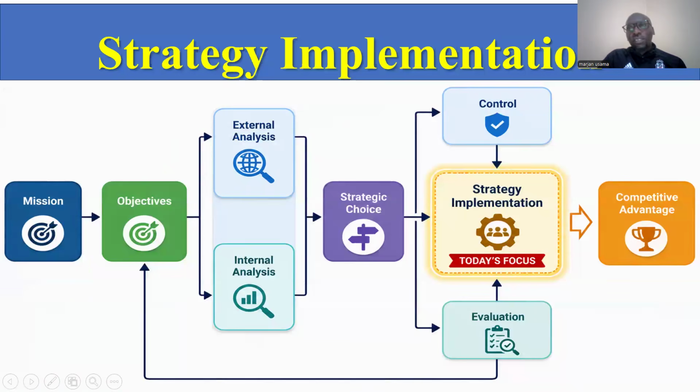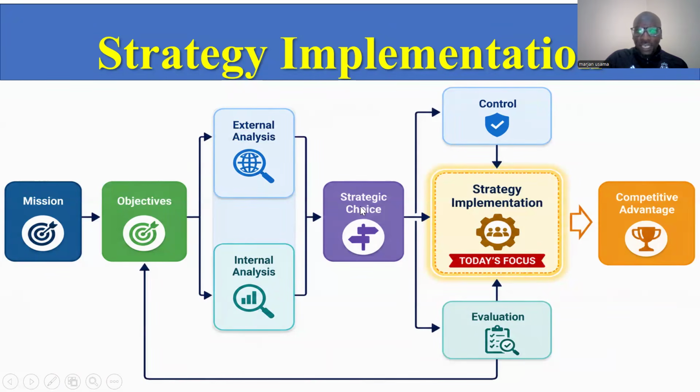Now, remember this framework is very important. Every time we are explaining our lesson, we normally refer back to it, because this is what strategic management is all about. We've already covered the mission and objectives, the external environment analysis, the internal environment analysis, and the strategic choice.